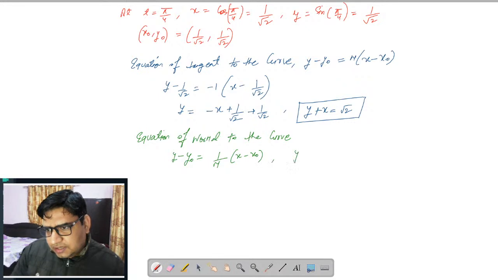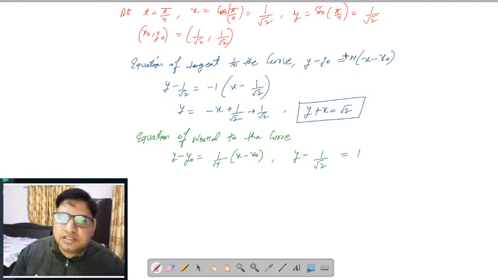Okay, and that will be y minus y naught, how much? 1 by root 2, and the slope, as we have found out, is 1 only, because minus 1 upon m is plus 1.